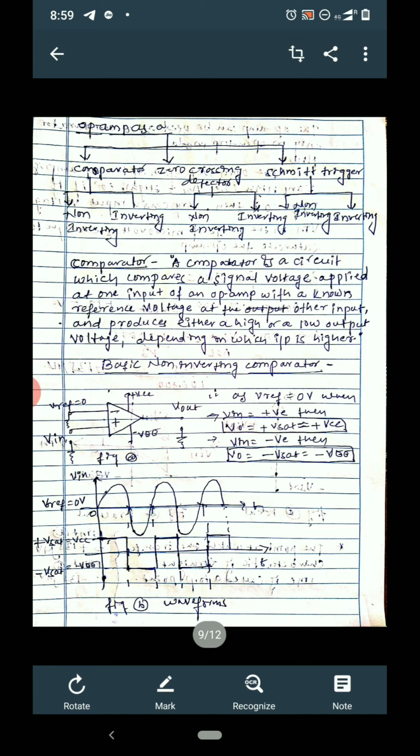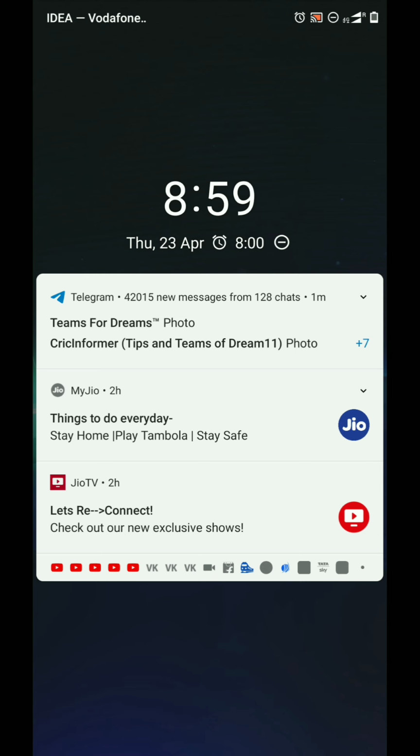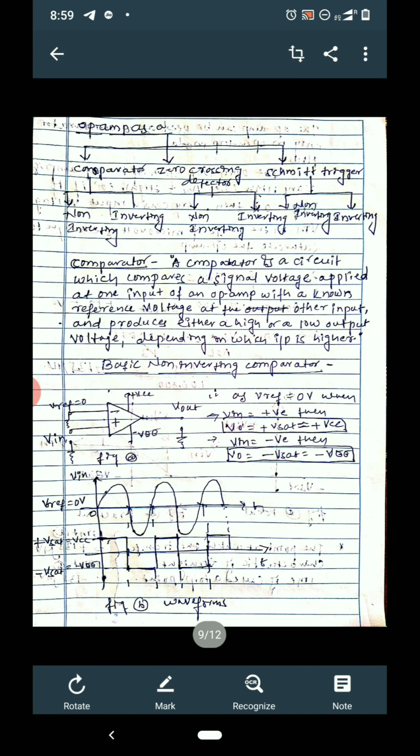There is one output of the op-amp, and there are two more points where you can give voltages, one plus VCC, one minus VEE. This is the general diagram which we know about the op-amp. Now here you can give two inputs to the op-amp: one is V input, the signal input, and one more is the reference input.